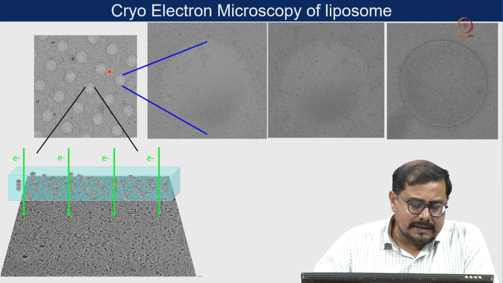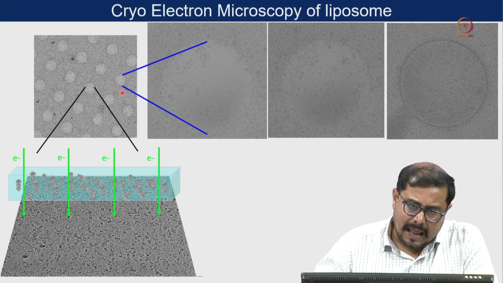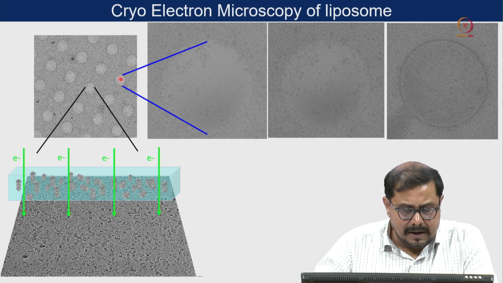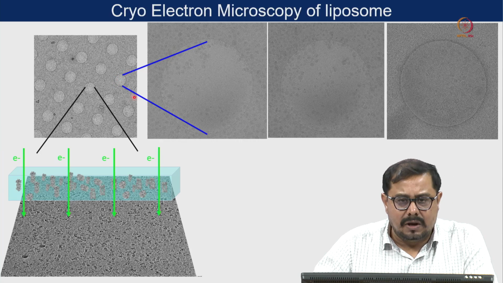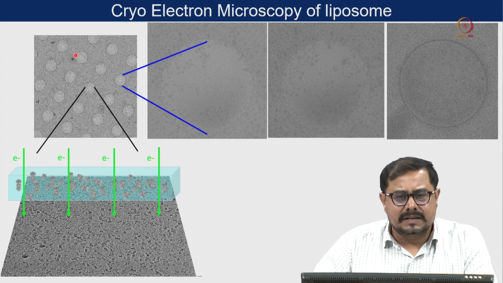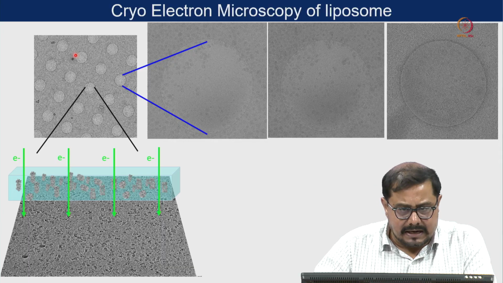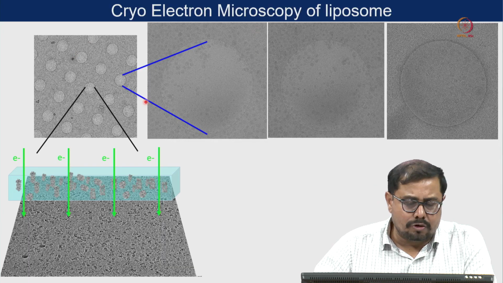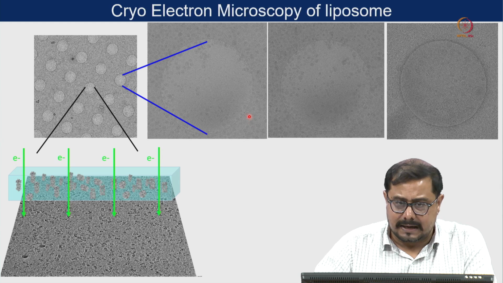So let me revisit: this is the actual carbon layer, and this is the actual hole. Inside that hole we have our sample, and we image it at higher magnification. This one is 380x magnification, and this one is 4200x magnification.